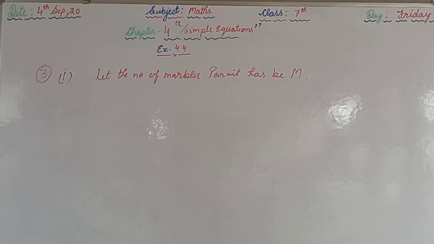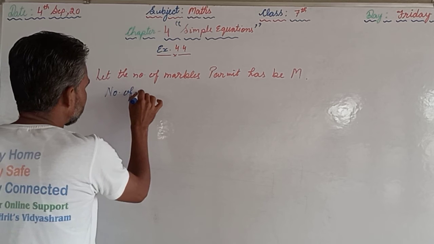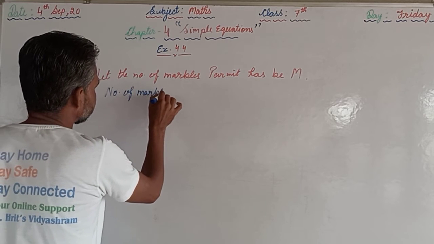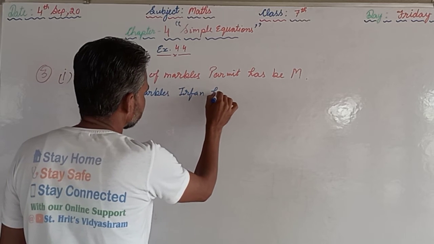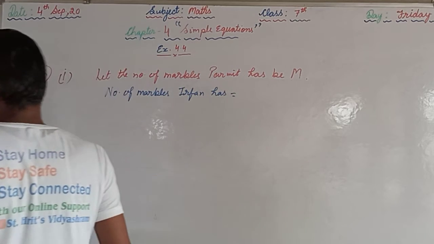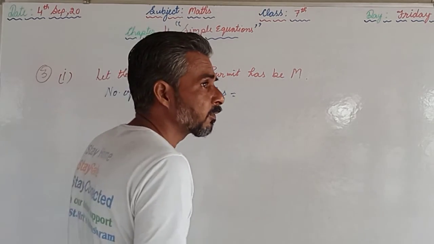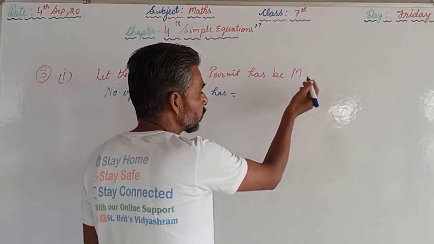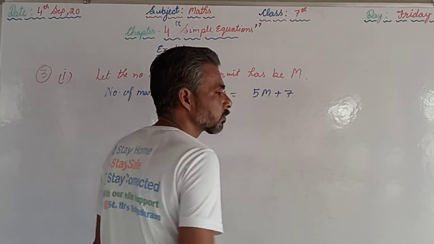The condition is given that Irfan has 7 marbles more than 5 times the marbles of Parmeet, means 5 times is 5m, then 7 marbles more.